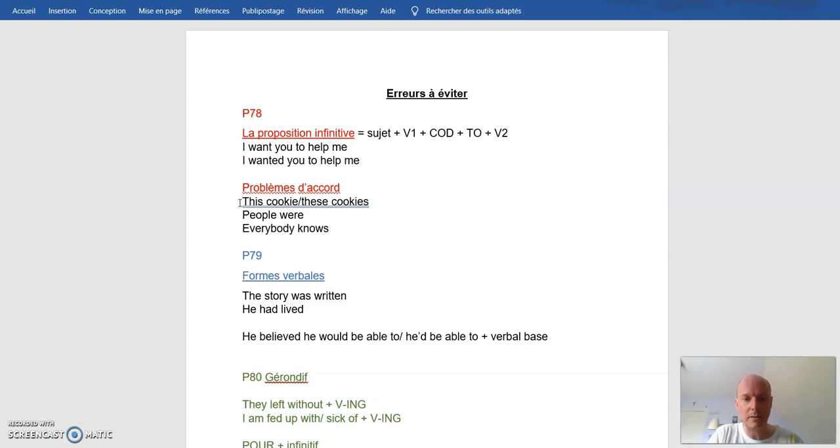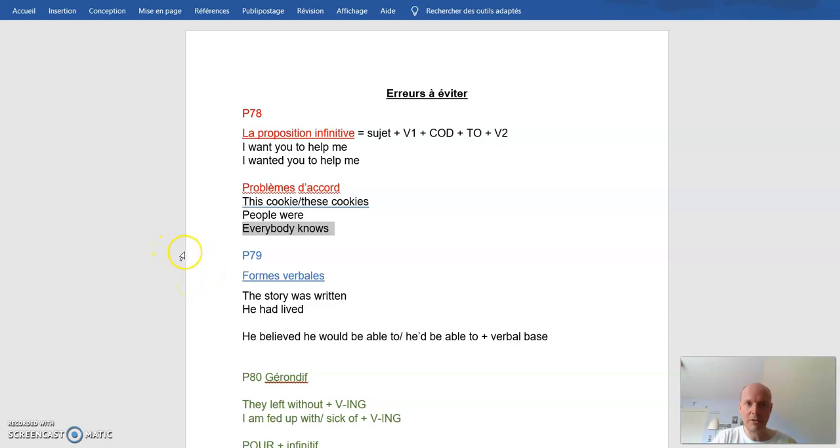Cookies, z. Right, conjugation here: we've got people were, plural, whereas everybody knows is third person singular, and because you're writing that S, you have to pronounce it as well. So everybody knows.